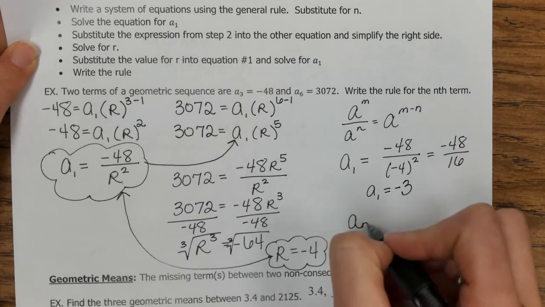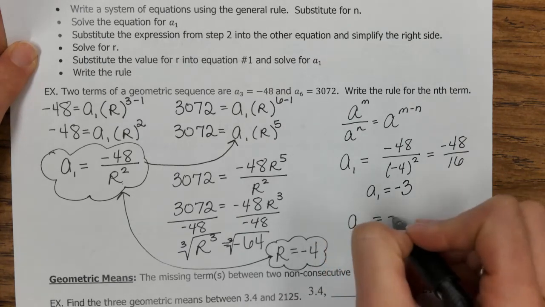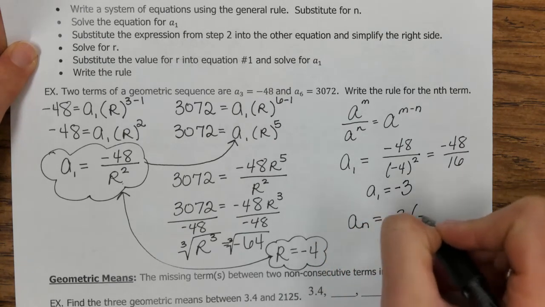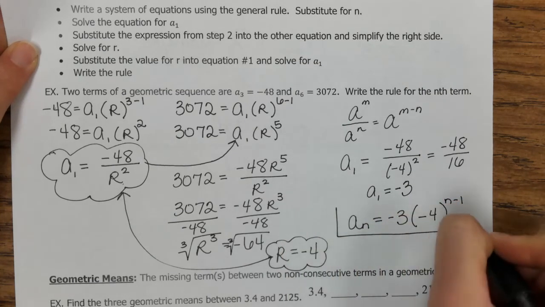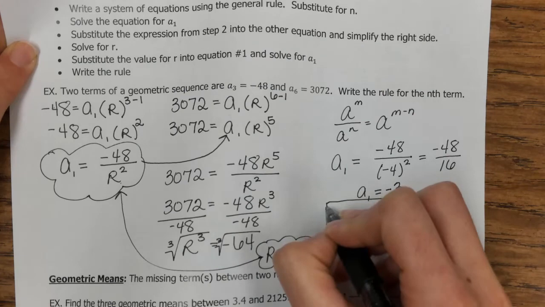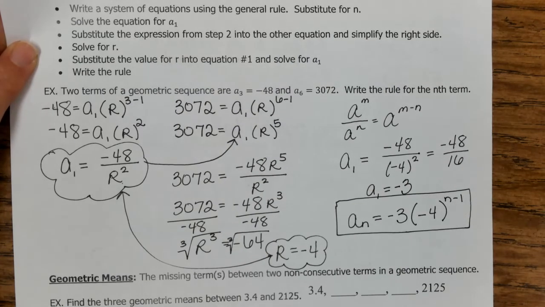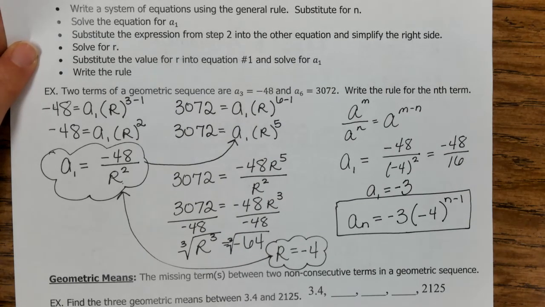So a_n is equal to negative 3 times negative 4 raised to the n minus 1. Y'all okay with that? You don't have any questions?